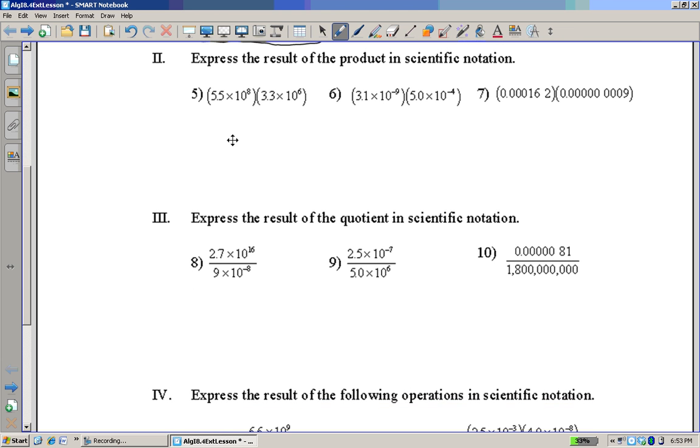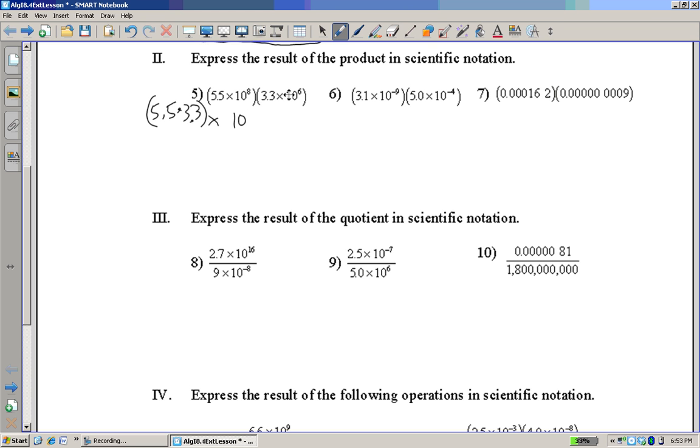Okay, these we're starting to get into a little bit different situation. We're going to do some regrouping here. So 5 and 5 tenths times 3 and 3 tenths, and then we'll group the exponents together, times 10.